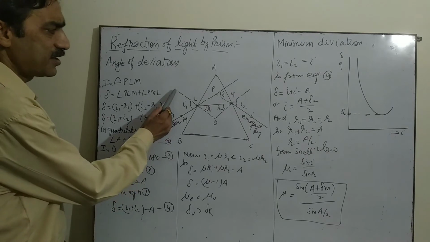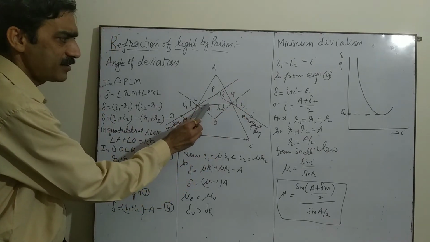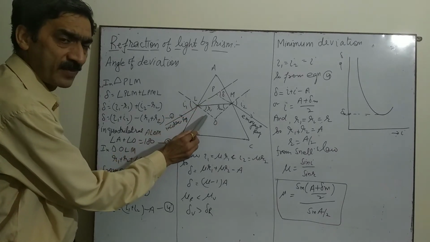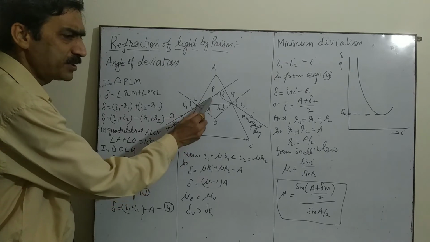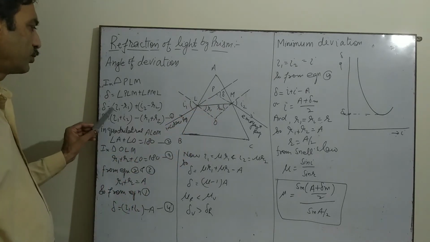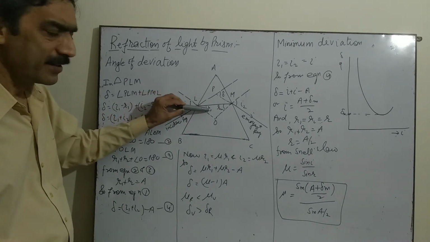Now, this is the straight line, normal. This is the incident ray. So, this angle is the vertically opposite angle. So, total angle is I1. If we subtract R1 from this I1, we get angle PLM. This total angle is I1 and this angle is R1.